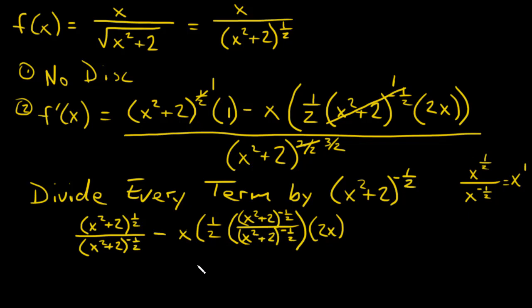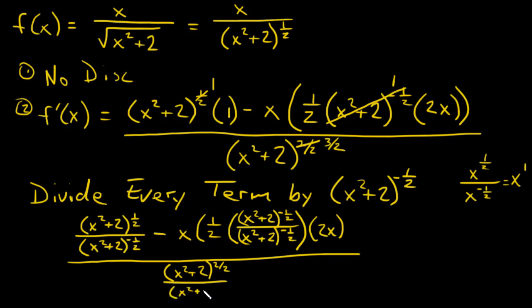I'm just moving it where it belongs. And then all of that is going to be over (x squared plus 2) to the 2/2 divided by (x squared plus 2) to the negative 1/2.